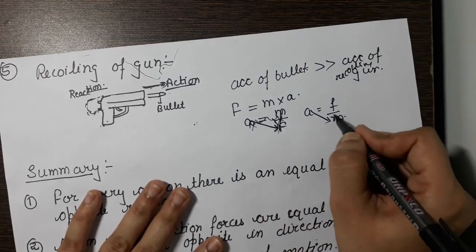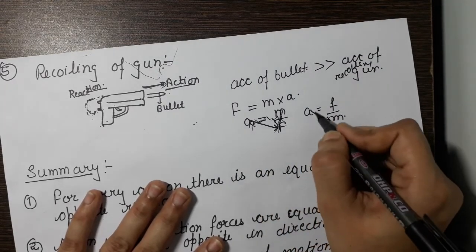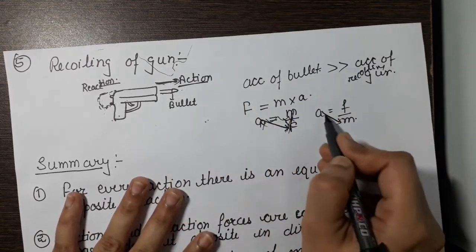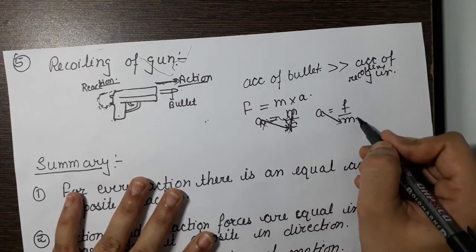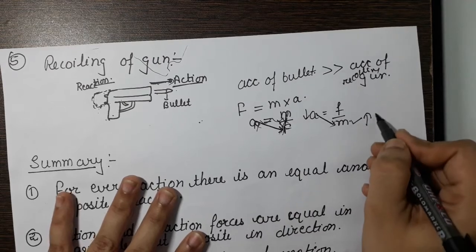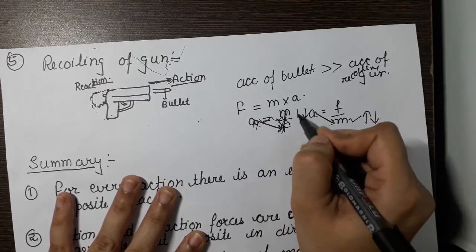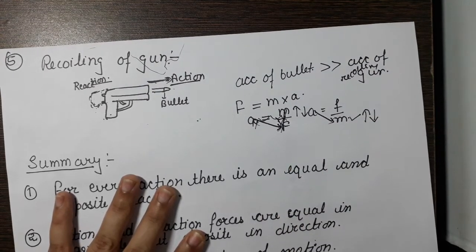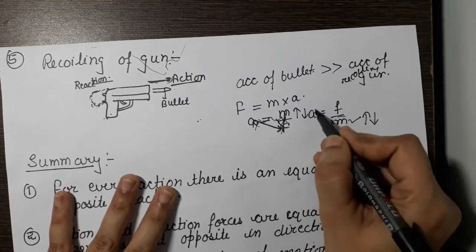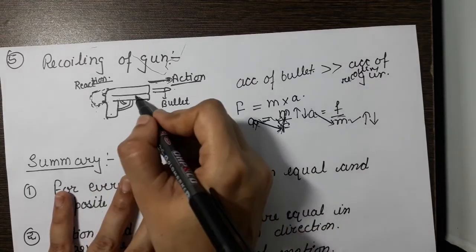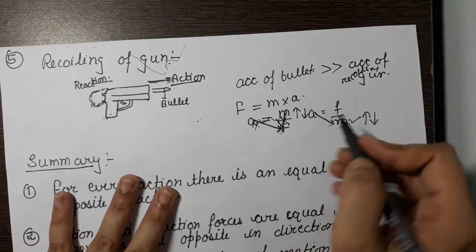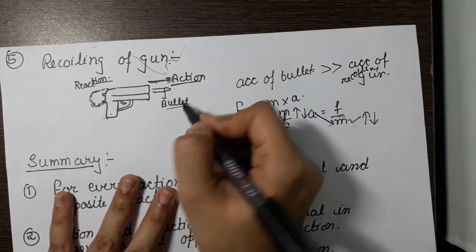Now if mass is large, then acceleration will be small. Inversely proportional means if this quantity is more, then this will be less, and if this quantity is less, then this quantity will be more. This is the meaning of inversely proportional. So here the mass of the gun is more, so acceleration will be less, but the mass of the bullet is small, so acceleration will be more.